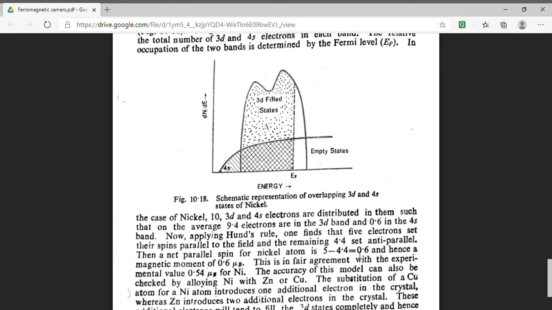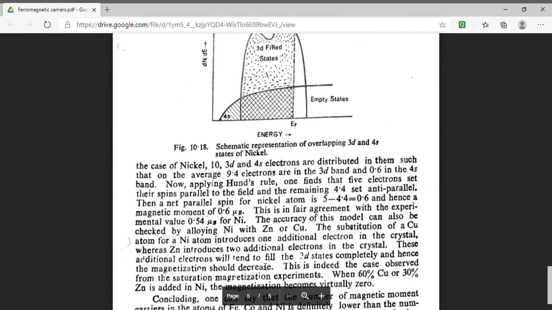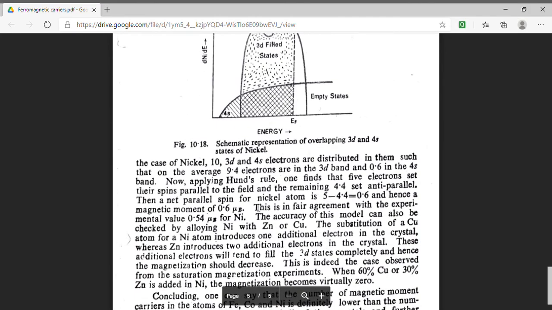So, we will have a magnetic moment of 0.6 mu b for nickel. We have shown that the experimental data for nickel is 0.54 mu b. These two values are in fair agreement with each other.